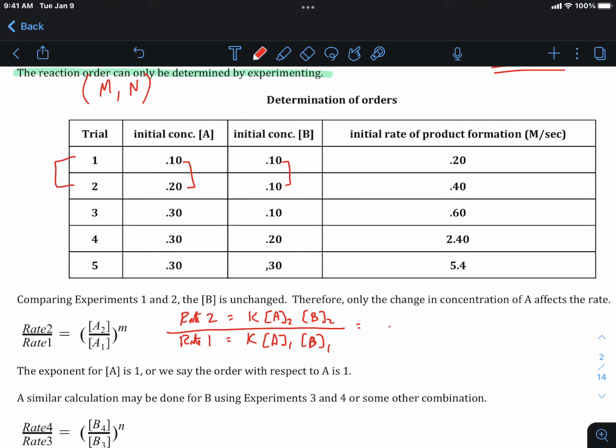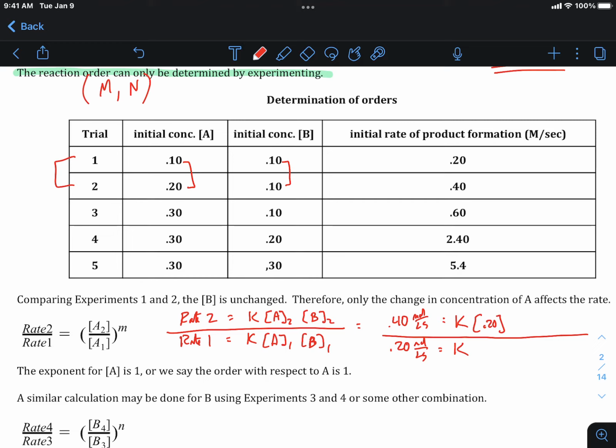With substitution, here's what I get. The second rate was 0.4, and the units are moles per liter second, over 0.2 moles per liter second. K and K. By the way, the rate constant is the same for all trials. All right, so the value k here is going to drop out in just a second. The concentration of A for trial 2 was 0.2 molar.